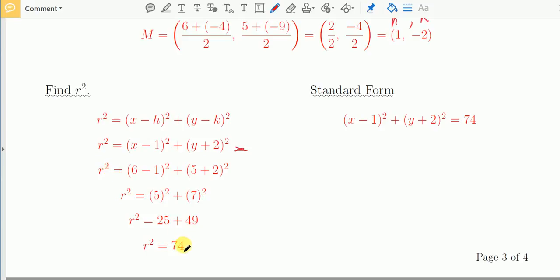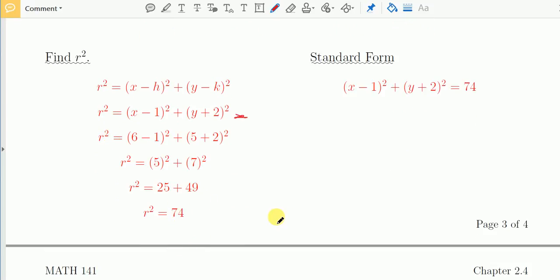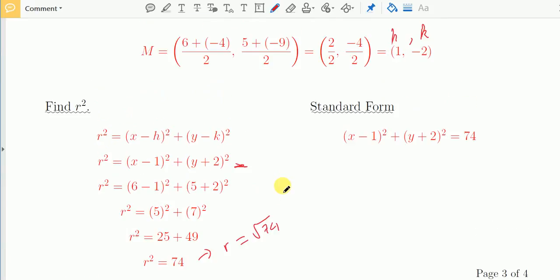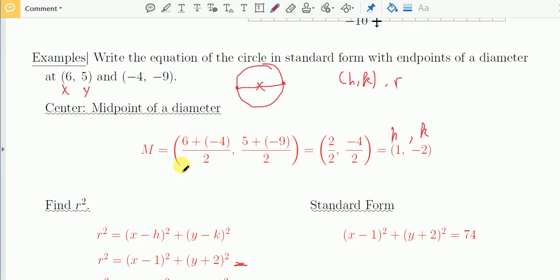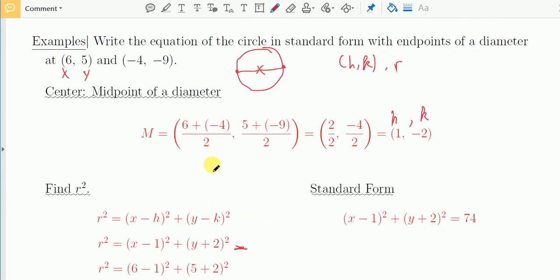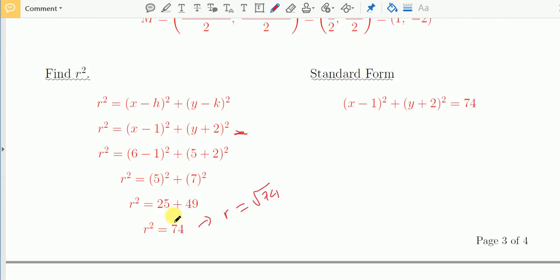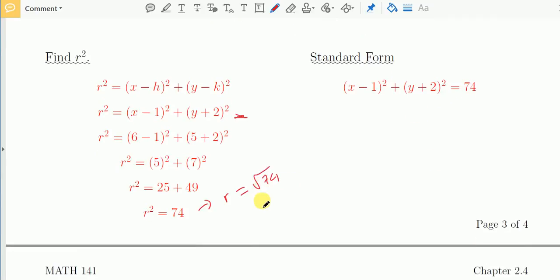Now r squared is 74, therefore r is just the square root of 74. But in the standard form, we don't need to find r, we just need r squared, which is already given here. So just plug in 74 for here, and you are good. So the standard form is this one, with r squared, so we don't need to take the square root.